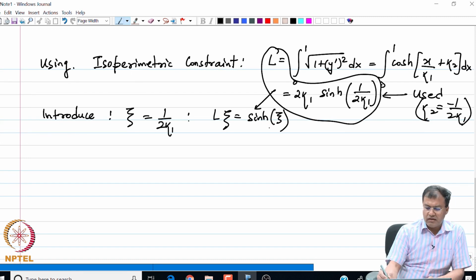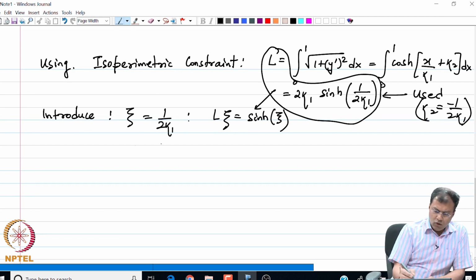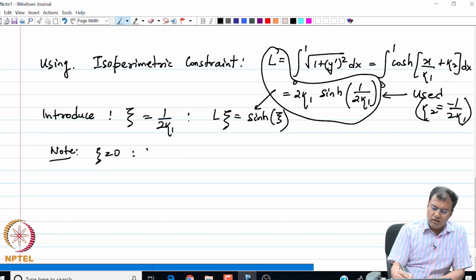Notice that this is a transcendental equation with the left hand side a polynomial and the right hand side an exponential function. And a few lectures back, we have shown that in general we will have two solutions if L is beyond a critical value. Note that first of all, xi equal to 0 is a solution.